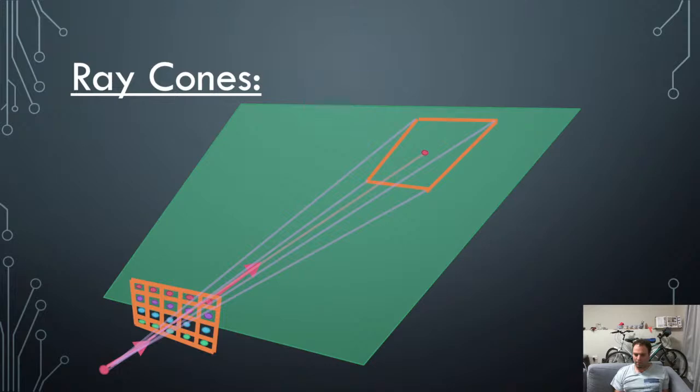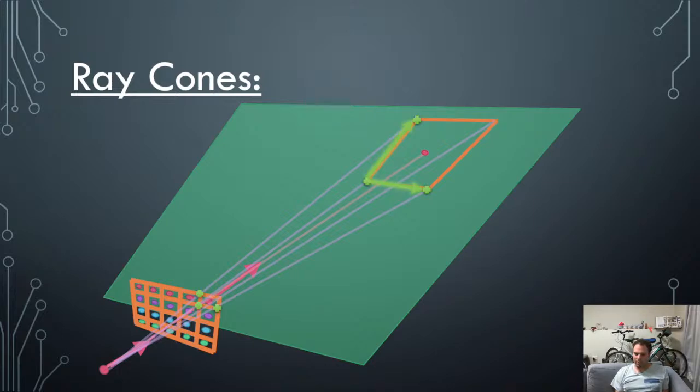What we can do is raycast or backwards project the four corners of the pixel onto the plane, and then we basically have the same situation, just with more accuracy.